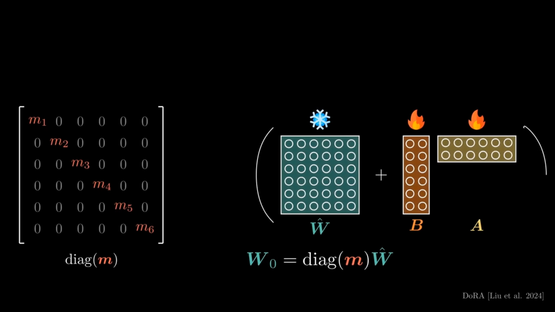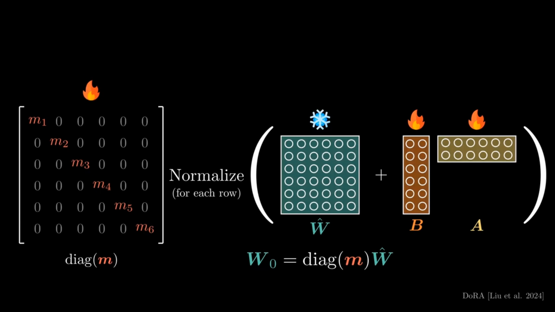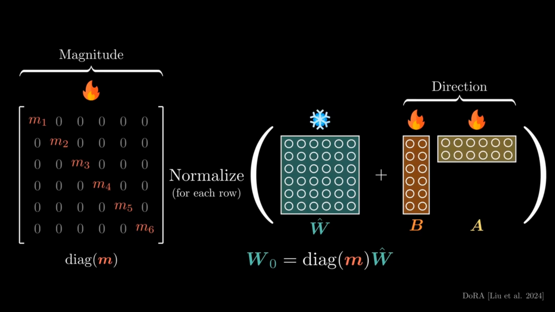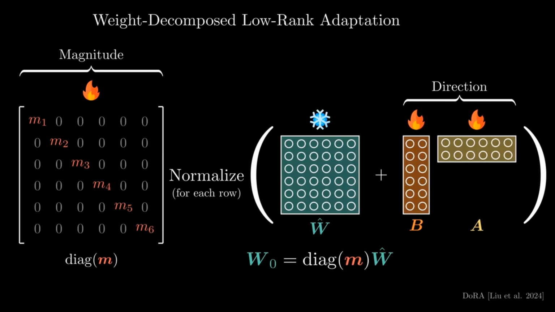This decomposition is powerful because it allows LoRA-style updates to concentrate on updating the directions, while still enabling flexible adjustments to the magnitudes. By learning separate magnitude parameters, the adapter gains an additional degree of flexibility. The LoRA-style update then handles the direction. This is called weight-decomposed low-rank adaptation, or DoRA.